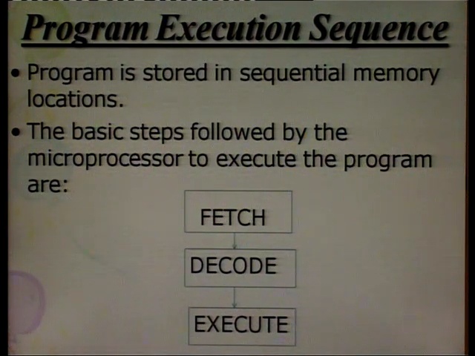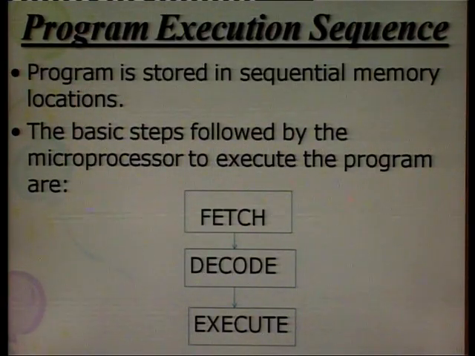In the meantime, the microprocessor also generates the IO/M-bar (input output slash memory) signal to enable a memory, and a read signal to enable that particular memory location which has been selected.